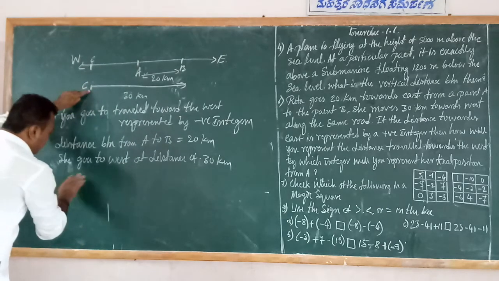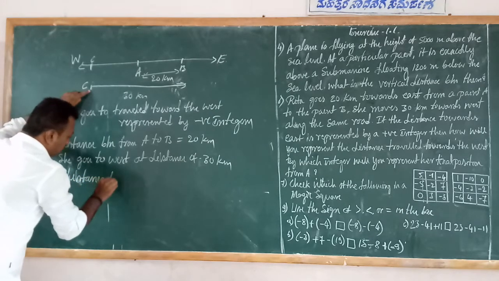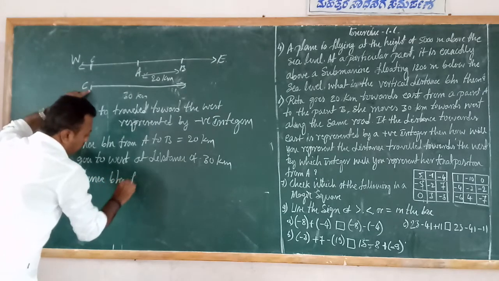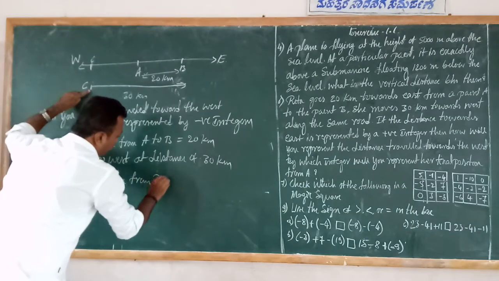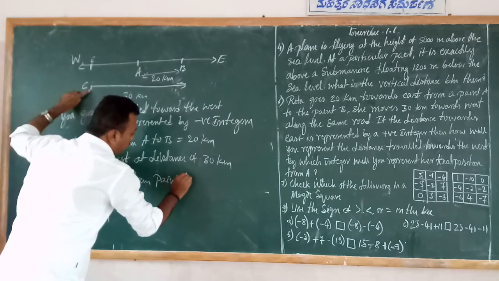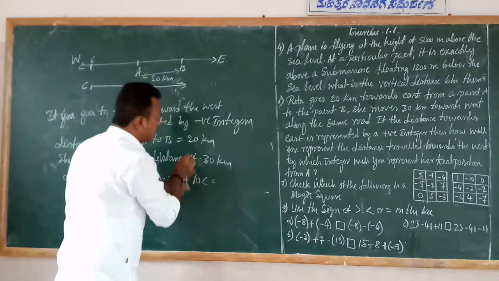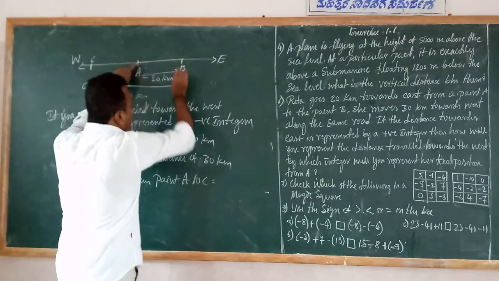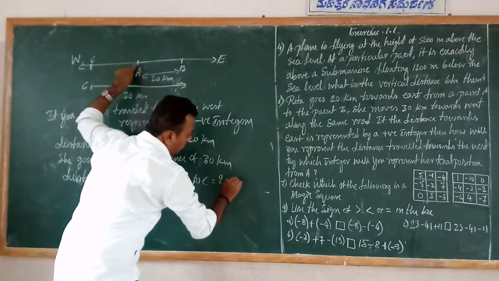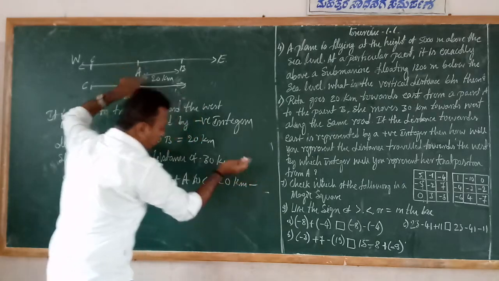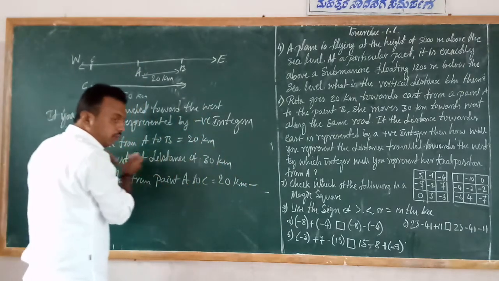So what is the distance from point A to the final position, point C? See, first we go to the positive side. How many kilometers did she travel? 20 kilometers. And coming back, how many kilometers? 30 kilometers. How is 30 kilometers represented?